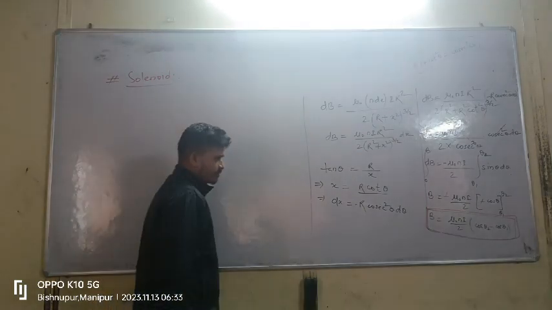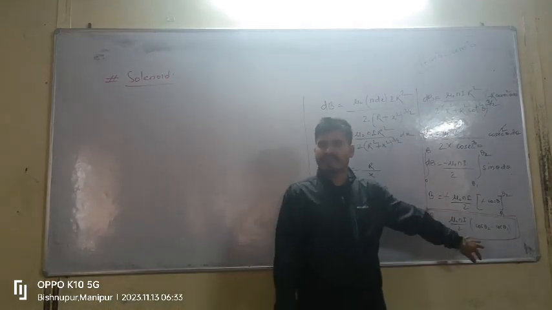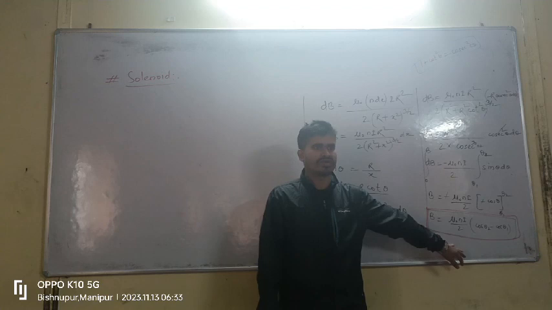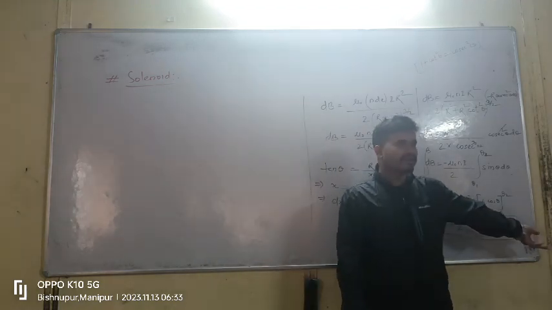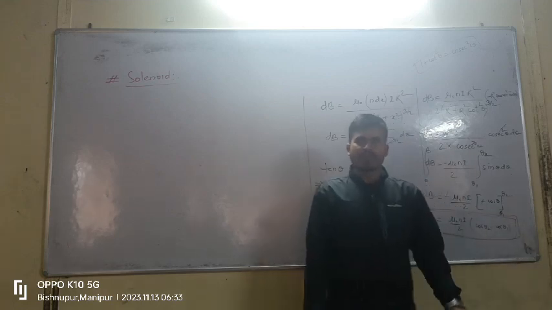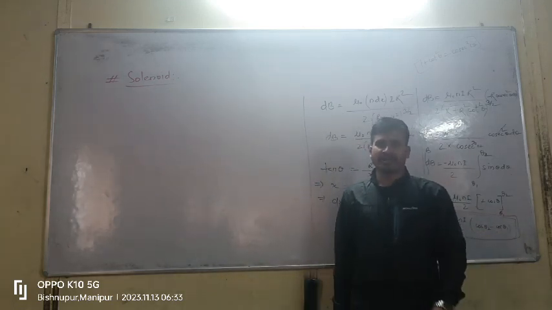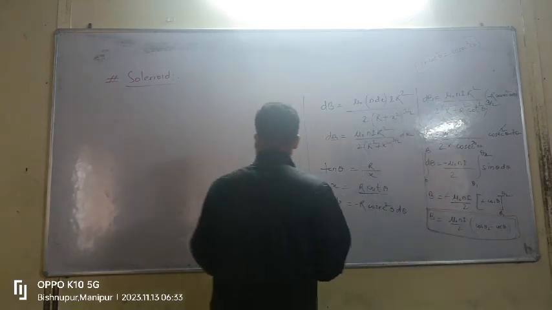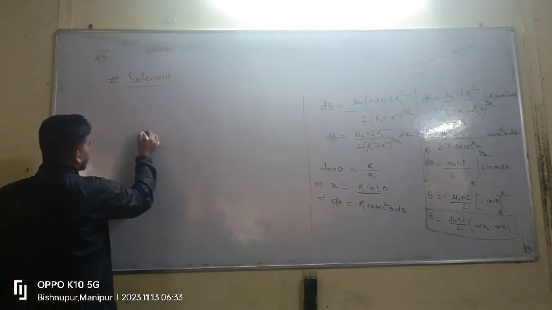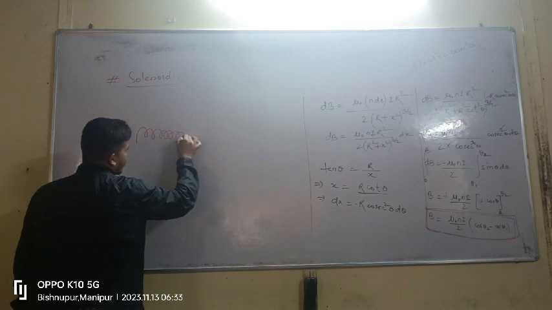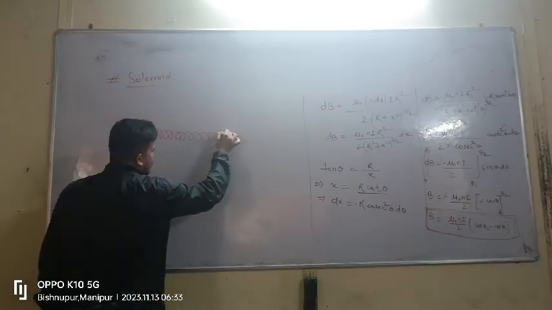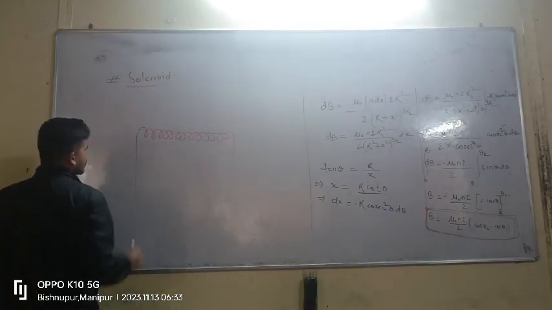We got the result for a finite solenoid. What about an infinite solenoid? Let's calculate. Before going to the infinite solenoid, can you tell me what the magnetic field will be here? Let's say this is a finite solenoid.